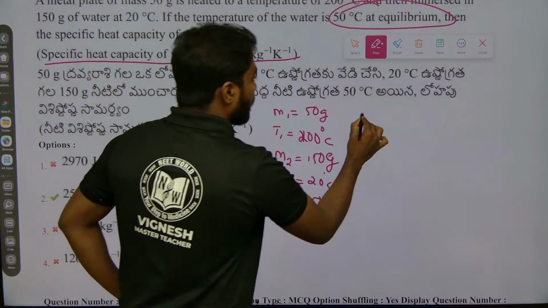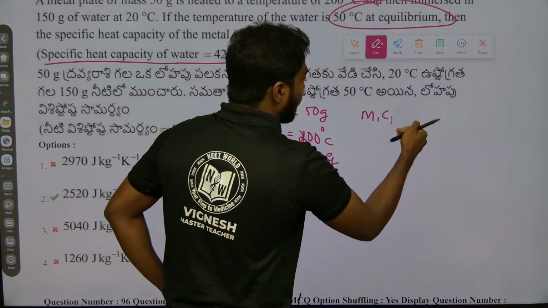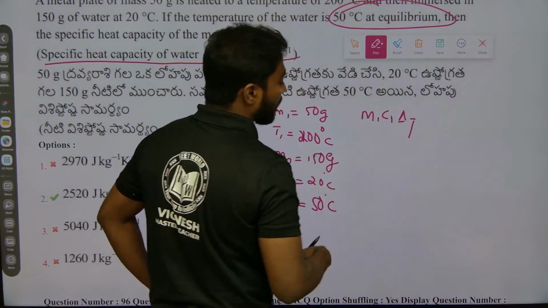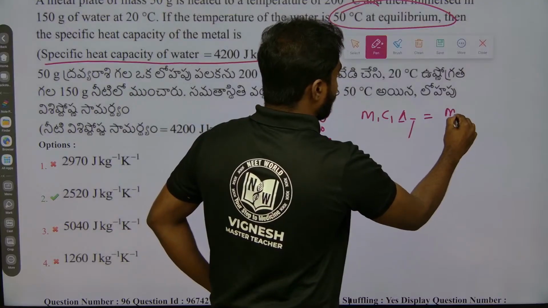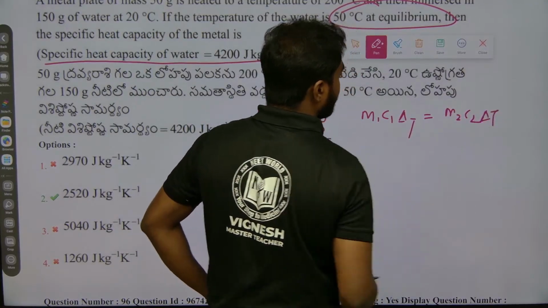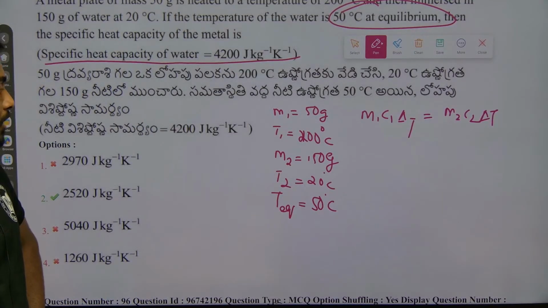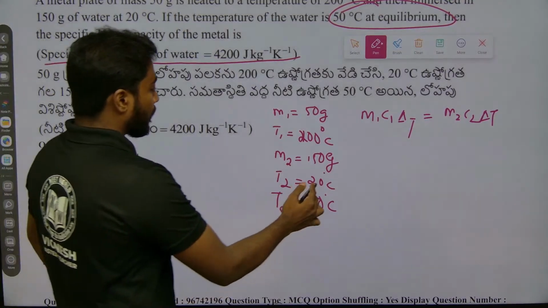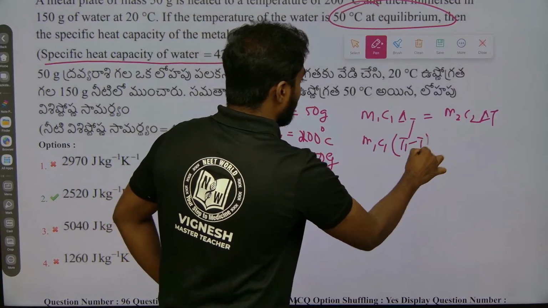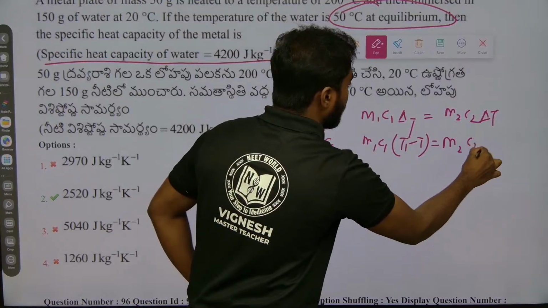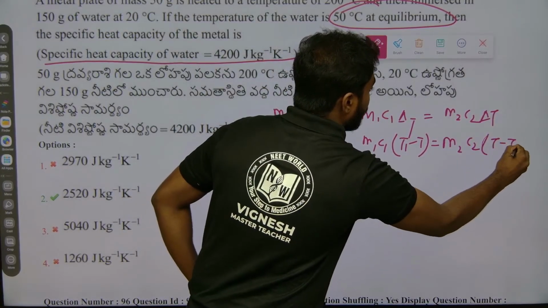I can write M1 C1 delta T is equal to M2 C2 delta T. How can I write this? M1 C1 (T1 minus T) is equal to M2 C2 (T minus T2).